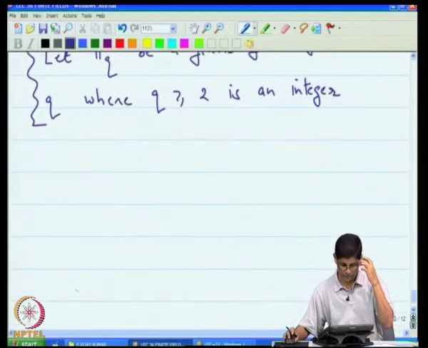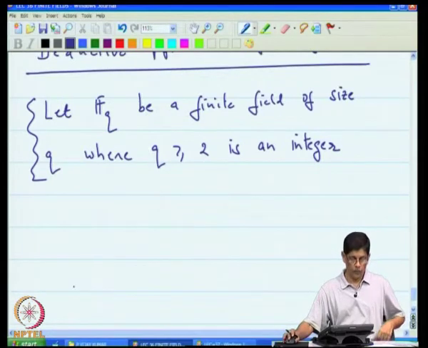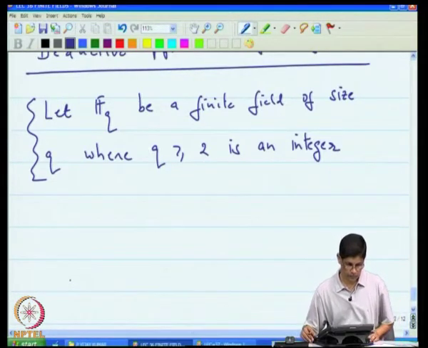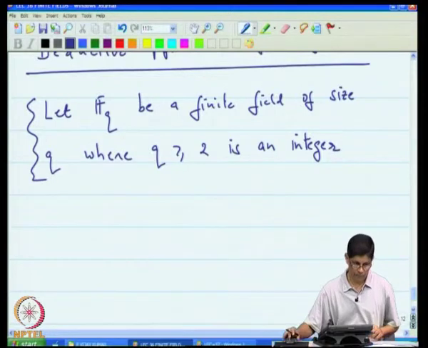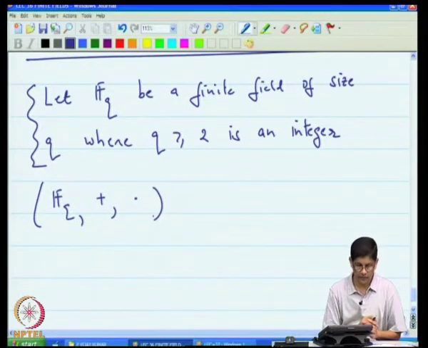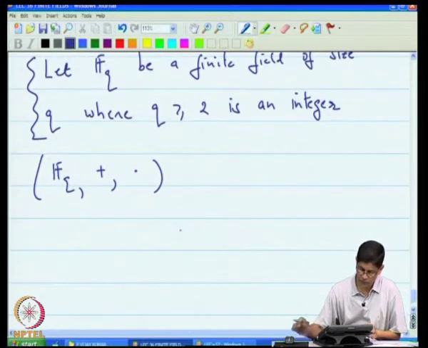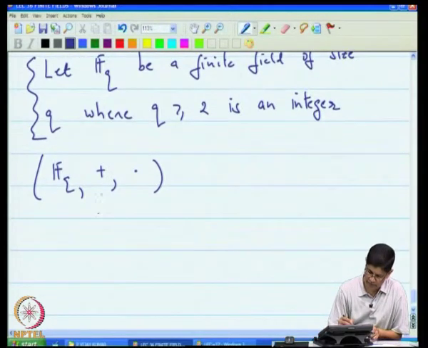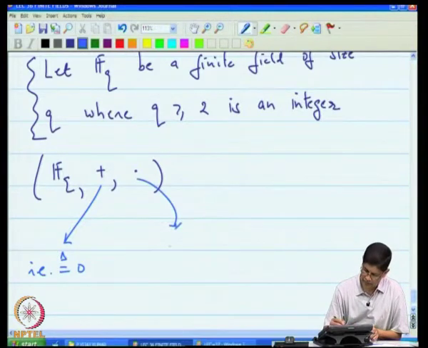All right. Now, since it is a finite field, we know that there are two operations, plus and multiplication, and we know that associated to each of these operations you have an identity element. So, under plus there is an identity element which we will take to be 0, and under multiplication there is an identity element which we will take to be 1.